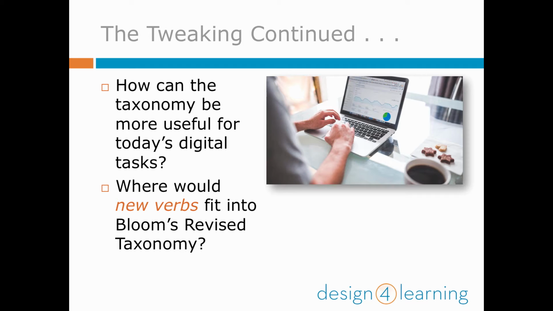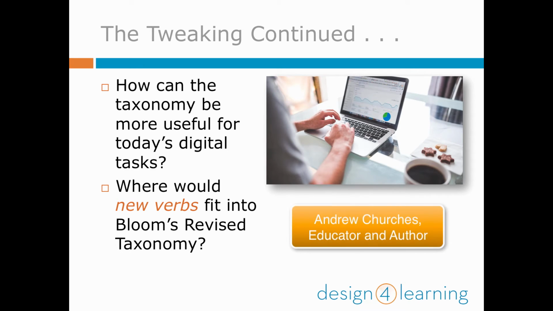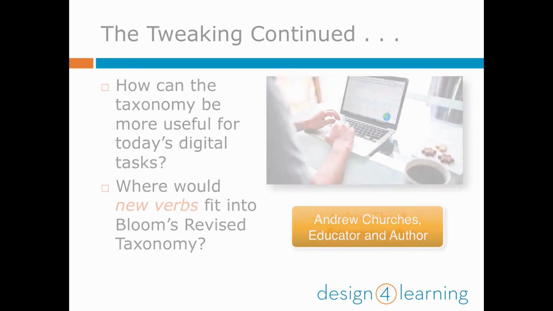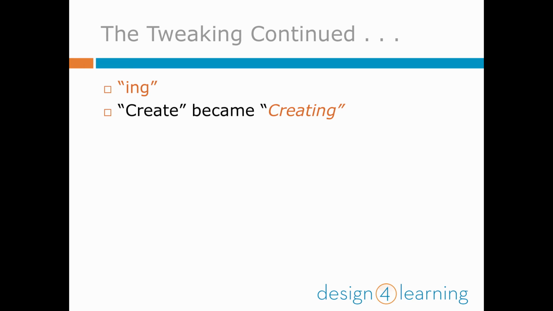Where would these new verbs fit into Bloom's taxonomy for the cognitive domain? So Andrew Churches started working on that. This time, Churches added ing to the verbs, so create became creating, and so on. Why do you suppose this was done? Food for thought.